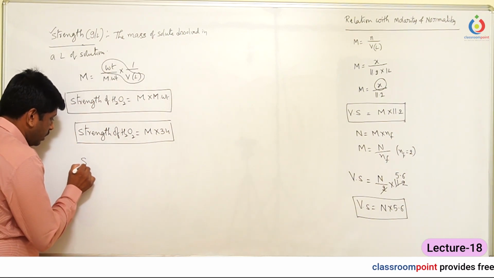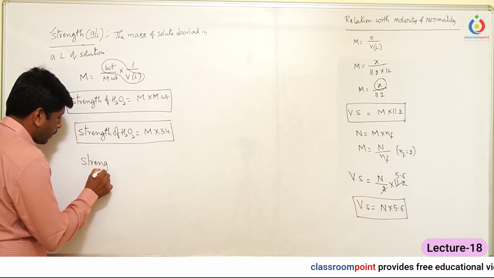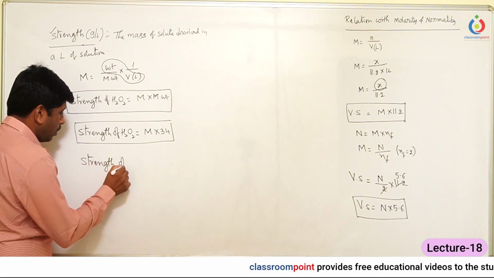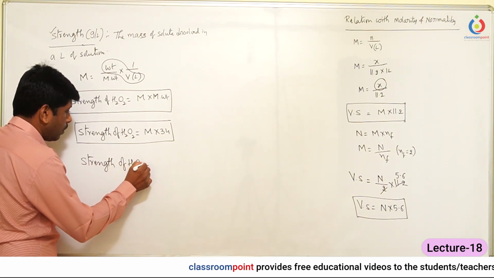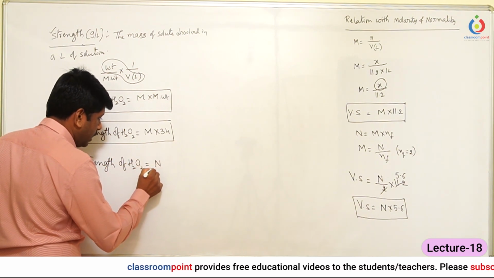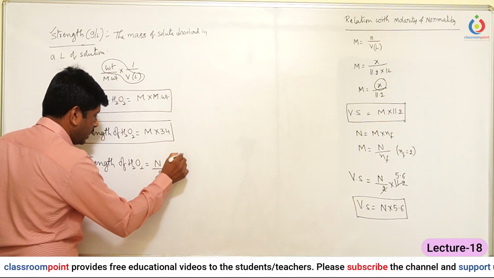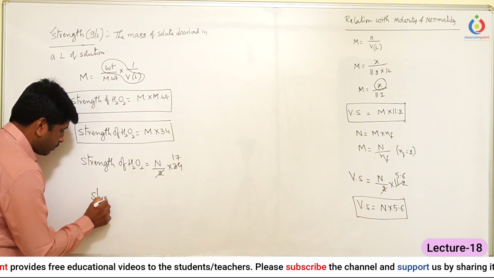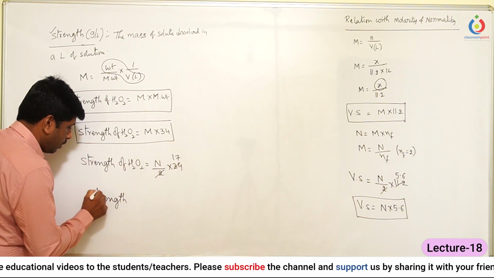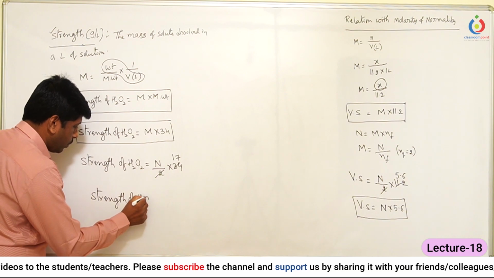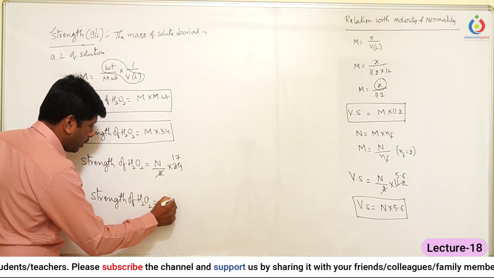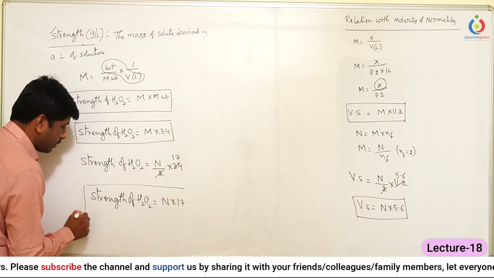So that's why strength of H2O2 is equals to normality by 2 into 34. It goes 17 times. That is the reason why strength of H2O2 equals to normality into 17.